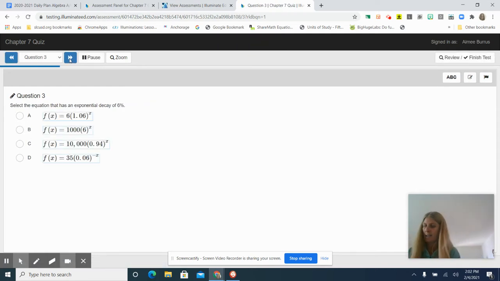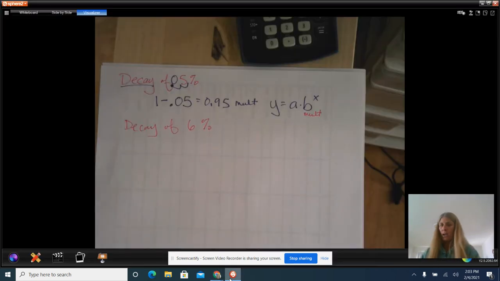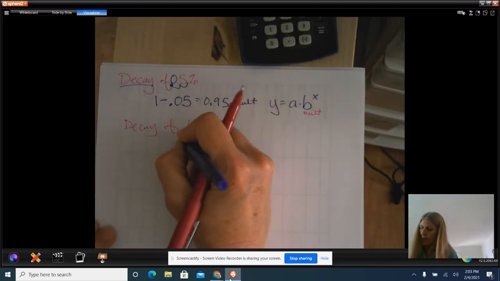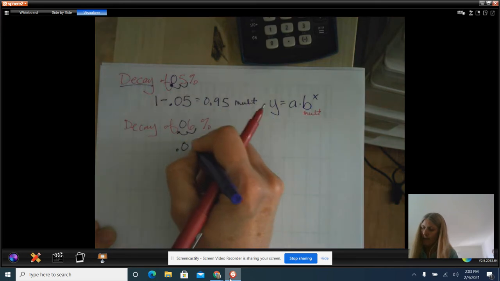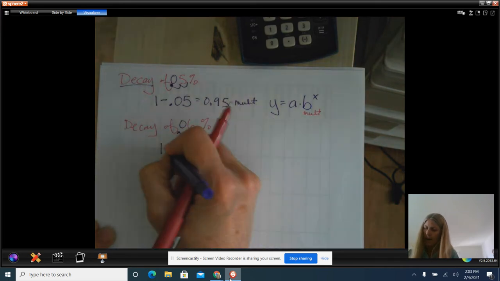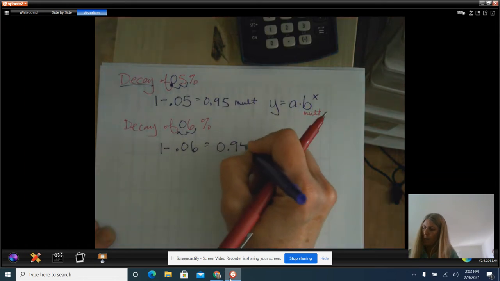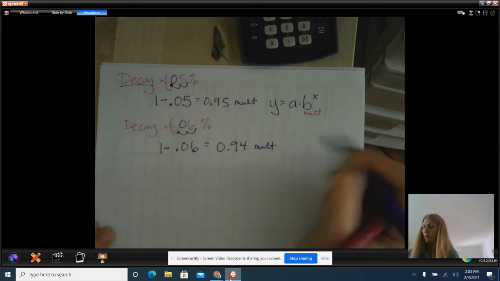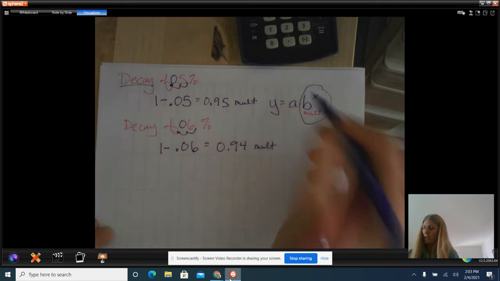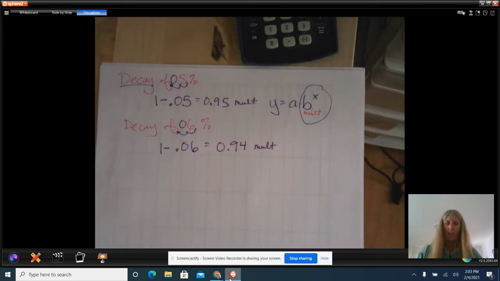The next one, question 3, is also one that was commonly missed. And this one is a decay of 6%. So very similar, very close to the same thing, where we're going to move our decimal point 2 to the left. And it is a decay, so 1 minus that number, and that's going to be 0.94 for our multiplier. And remember, your multiplier is that number that is below your x as the base.